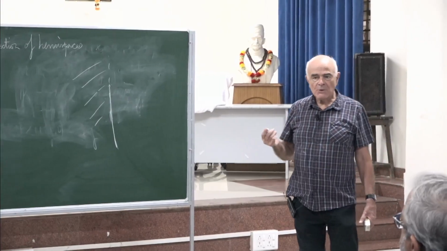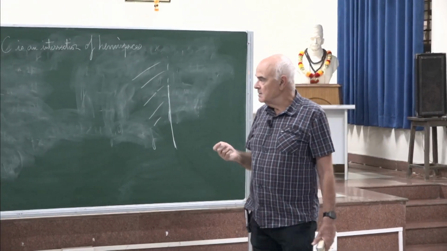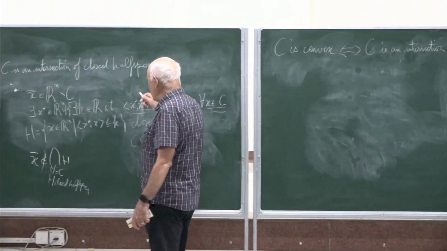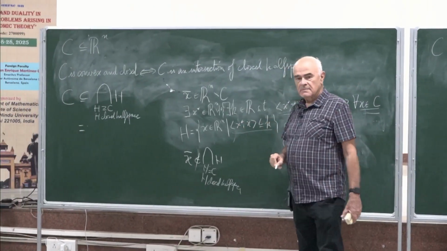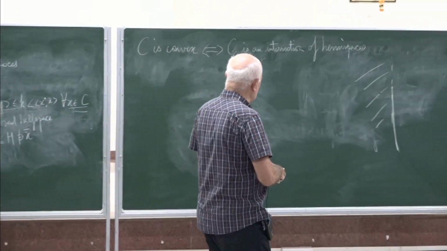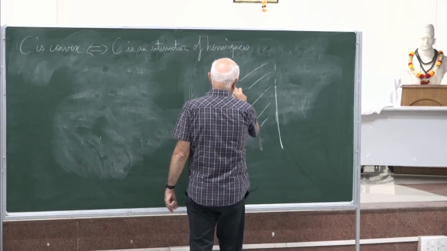And how can you describe hemispaces? Half spaces we can describe very easily by linear inequalities. So how can you describe hemispaces?